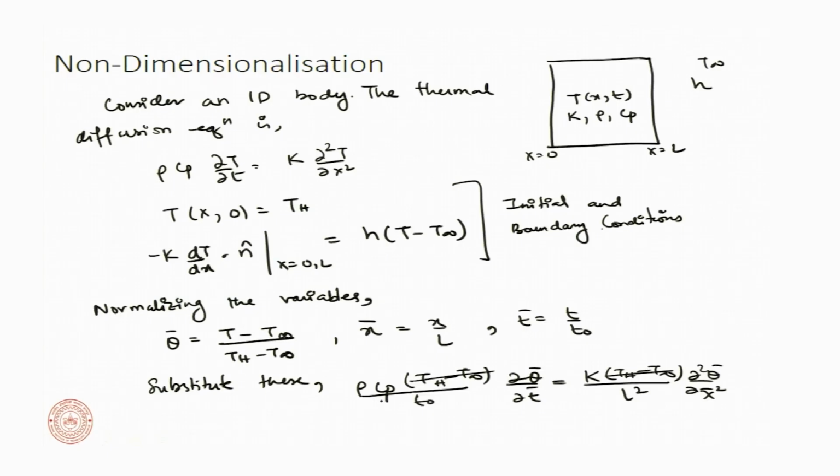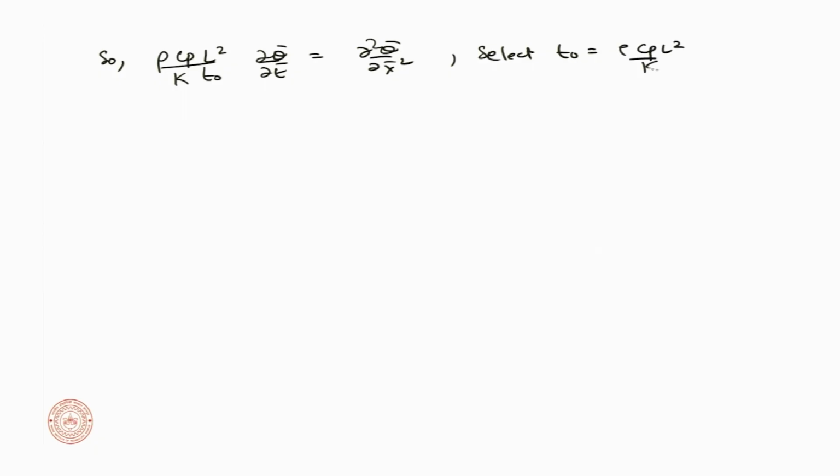So, the highest order derivative is our second order derivative with the position. So, we will take every constant to the left hand side. We will have rho Cp L square by K into t naught is equal to, let's see, one. Okay. Now, select t naught equals rho Cp L square by K, or L square over alpha.